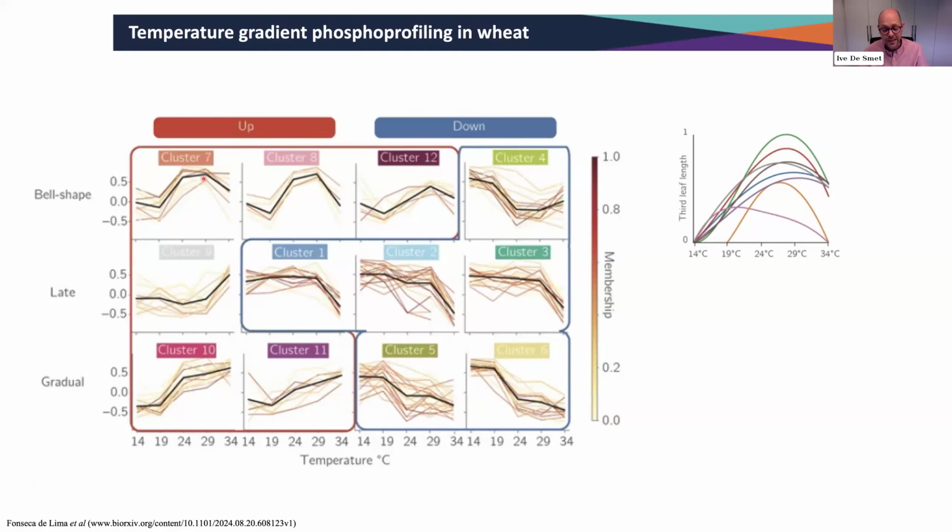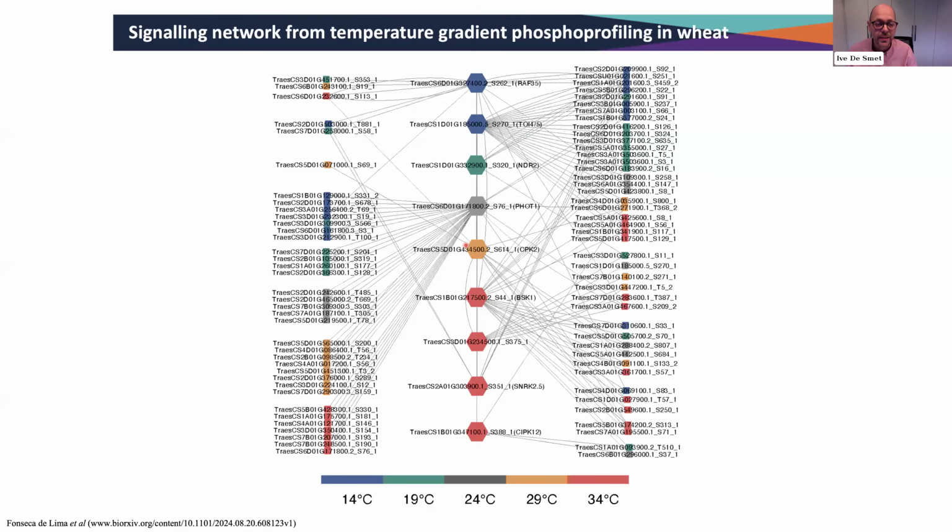Okay, so the next step was to try and identify the key components that regulate these responses. If we look at these data in a network approach, we see this picture emerging. The network is generated purely based on the phosphorylation intensities along this gradient. The approach we use is very similar to what has been used in transcriptional networks.